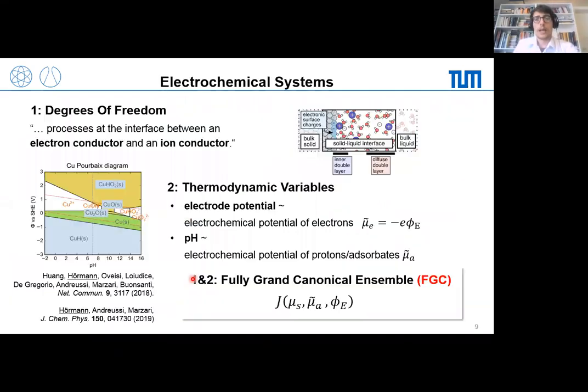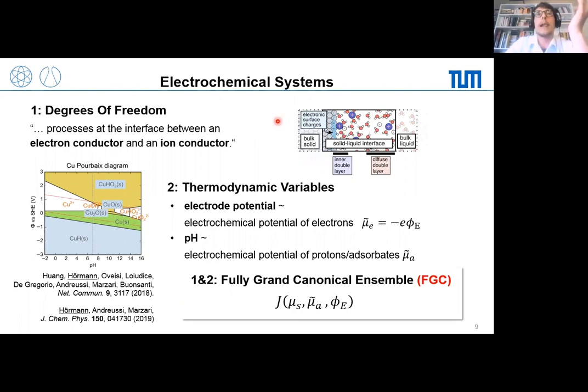So in order to better understand where exactly the problems lie, I want to derive this fully grand canonical approach here and explain exactly what we are doing. I start with the basic properties of this electrochemical interface.